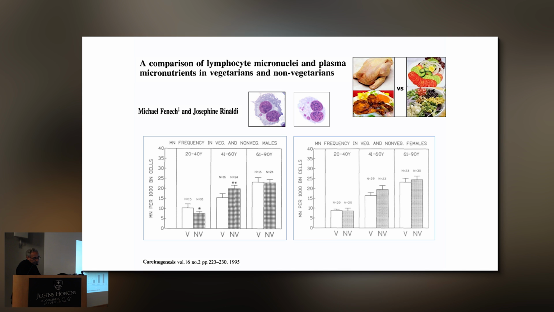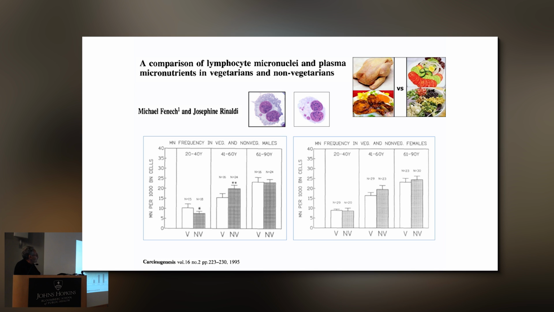Essentially, this is the data in vegetarians and non-vegetarians for micronuclei, in males and then in females. And you can see the increase with age very easily, from 20 to 40 to 61 to 90. What we observed mainly is that in middle age, the vegetarians are doing better.